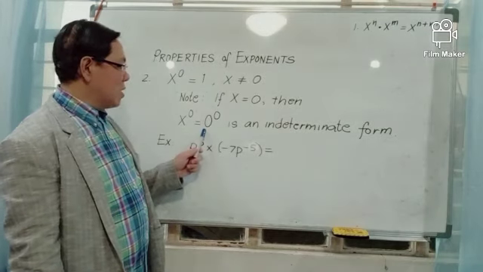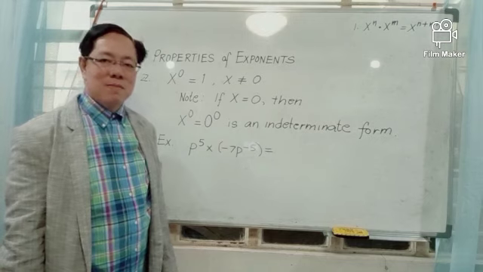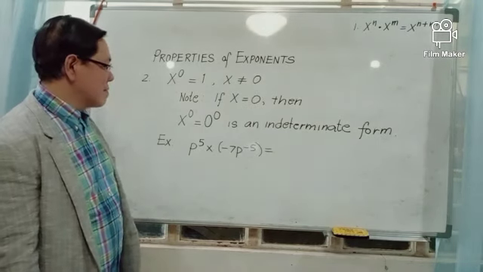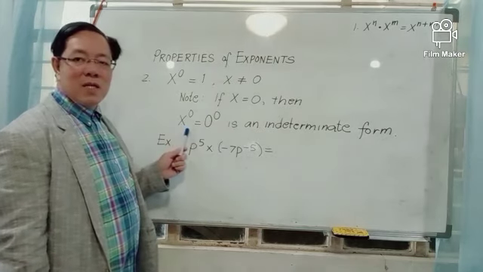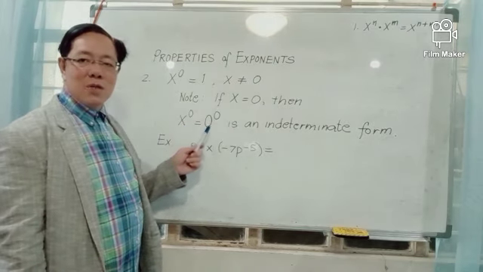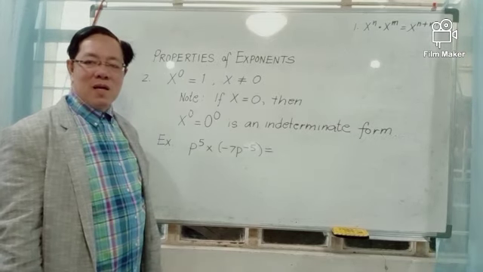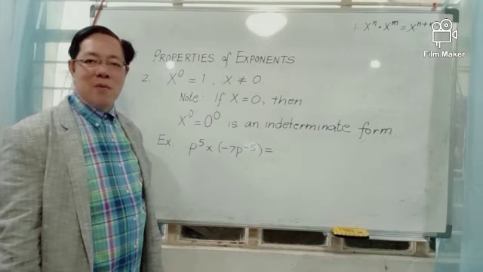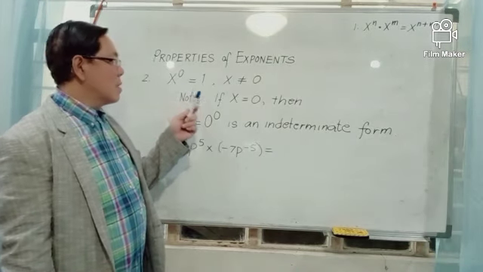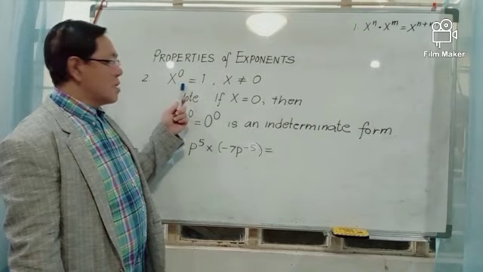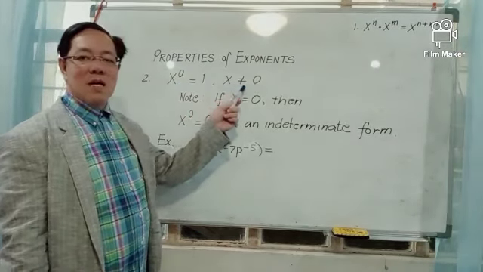And this is one of the 7 indeterminate forms in mathematics. So if you get a result such as 0 to the power 0, you answer the product is indeterminate form. But if you have x to the power 0, it simplifies to 1, provided that the base x is not 0.